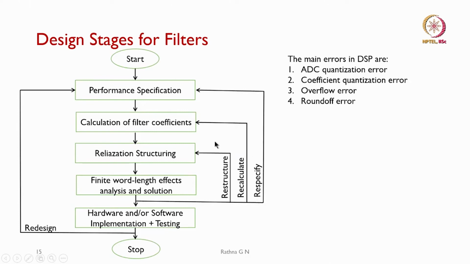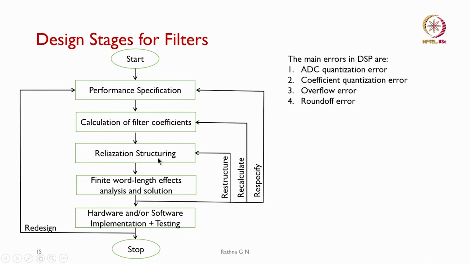So, what are the design stages for our filters? We are going to start by specifying some of the performance, and then we will do the filter coefficient calculation using MATLAB, as we said, either for an FIR filter or an IIR filter, and then we have to define our realization structure.